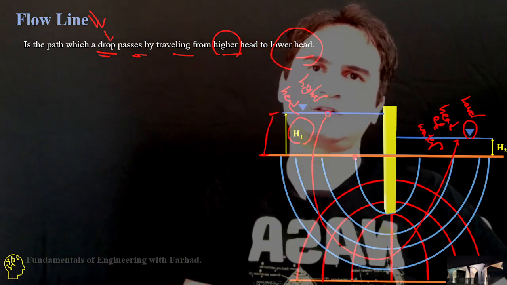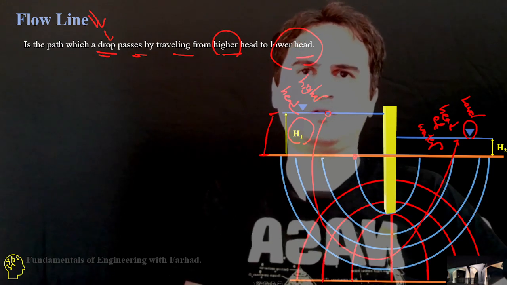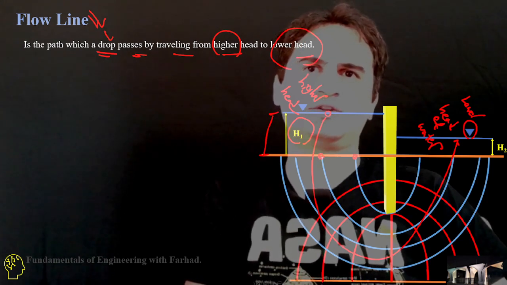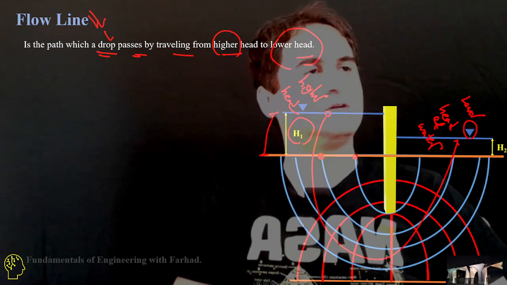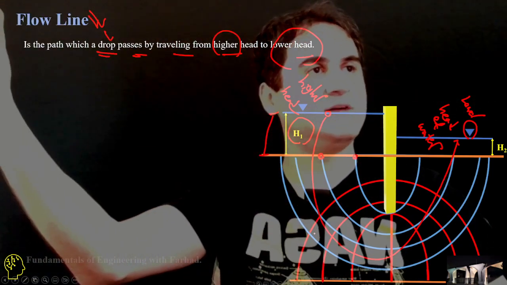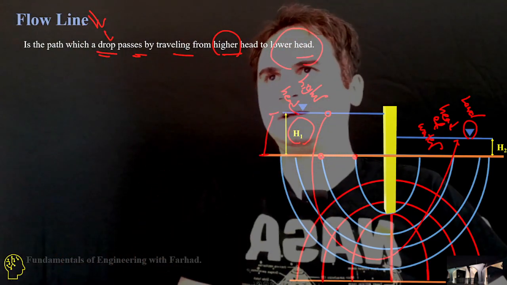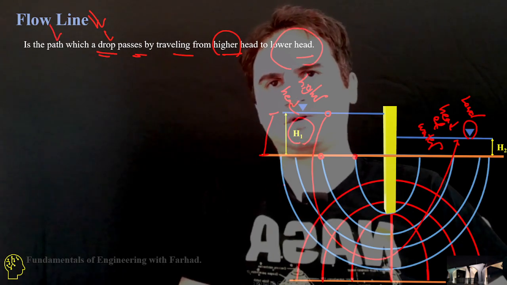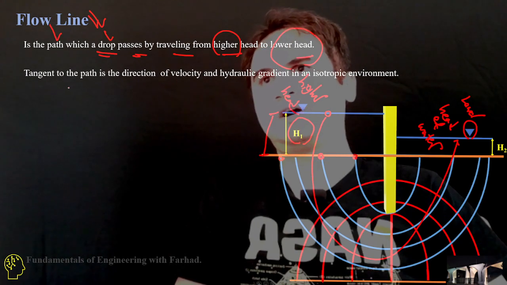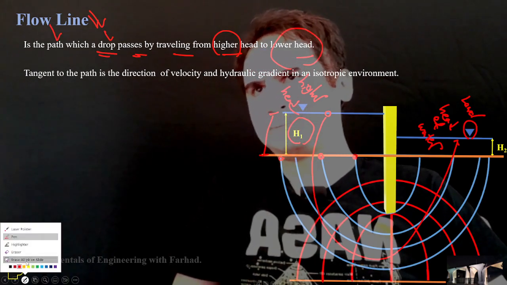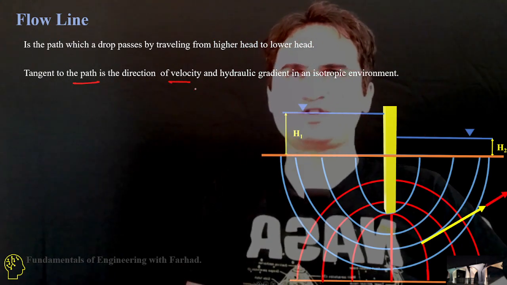Each of these blue lines stands for a flow line, because water can travel from the higher level, from the left side of the dam, to the right bank, which is the lower head, and they are the flow lines. Each of them is a single flow. And then the tangent to the path in each location is the direction of velocity.